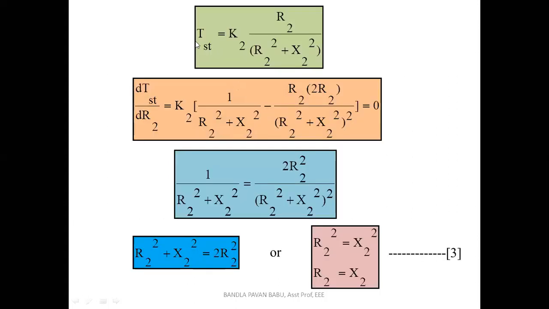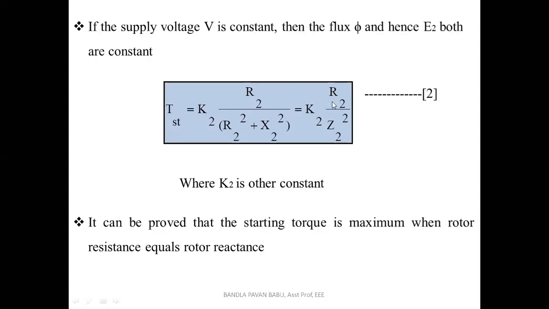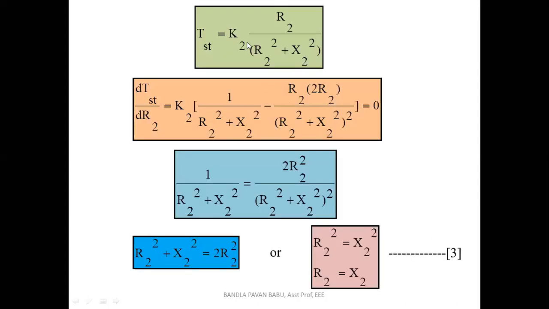So starting torque equals K2 into R2 by R2 square plus X2 square. The same equation I have written here. Here we need to find out how the rotor resistance is equal to the rotor reactance. So we need to prove that. That is the objective of this topic.